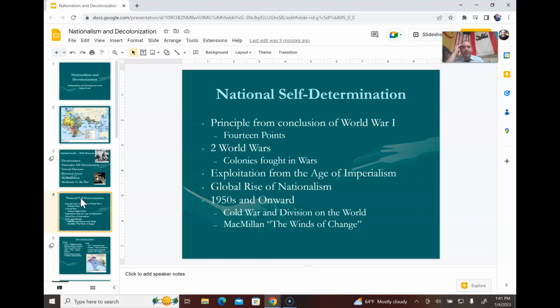And then when they come back to their homelands in the 1920s and then again in the 1940s, they're looking around and saying, okay, so we just fought to stop the colonial expansion of the German Empire, but now here we are, having to submit once again to British control or French control or whoever's control. So that is starting to unravel this notion of the empire.